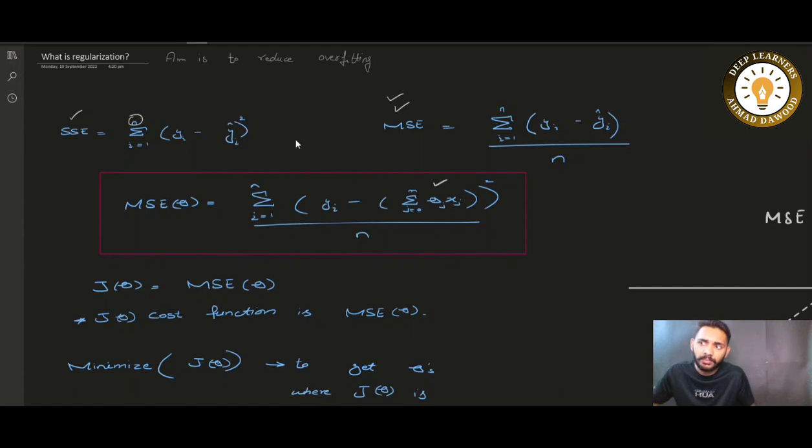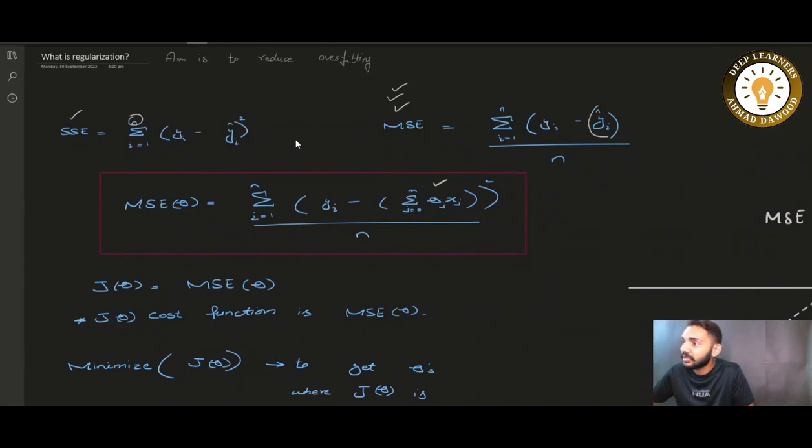It's the difference between the actual value and the predicted value. Take the squares, add the differences of all the points, and then divide by the number of points. We will get the mean square error.